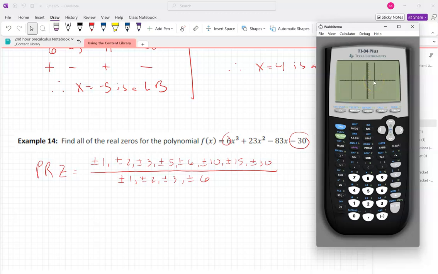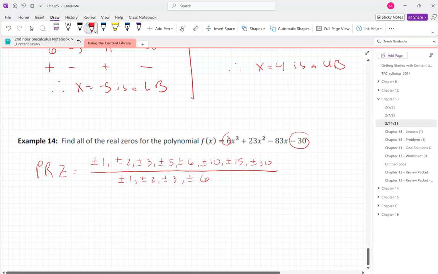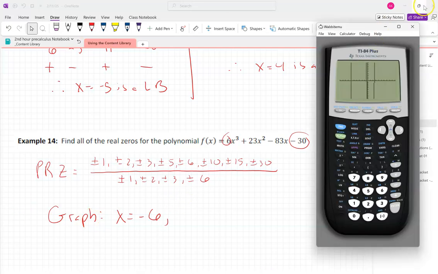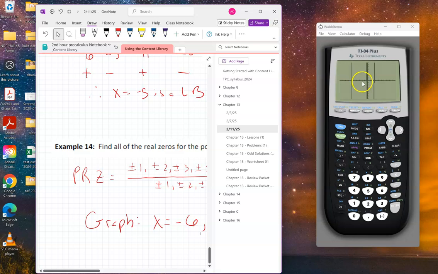So I know that I'm looking at them all, right? This one appears to be at -6. This one looks like somewhere between -1 and 0.